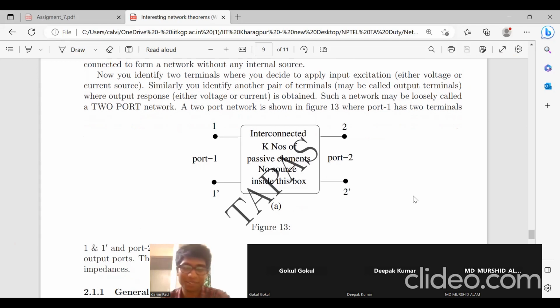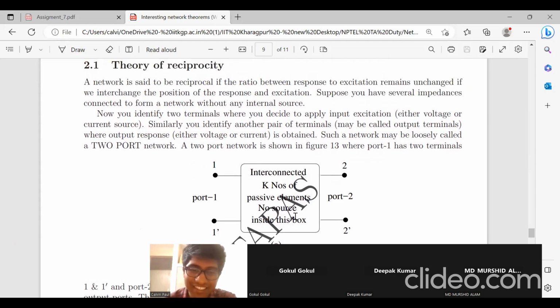Okay. So we will consider this two-port network here, and there are some passive elements, some impedances. There is no voltage source or current source inside this box. It's only just some resistors, inductors, capacitors, nothing else. So this is port 1, this is port 2.